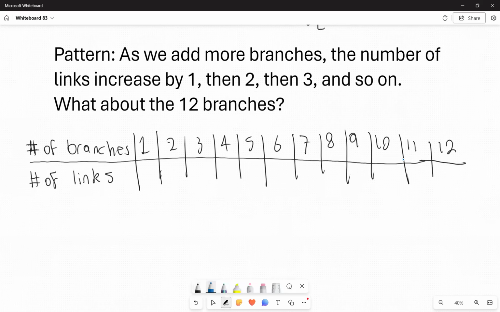We found that with one branch, there are no links. With 2 branches, there's 1 link. If there are 3 branches, there are 3 links. 4 branches, 6 links, and 5 branches, 10 links.